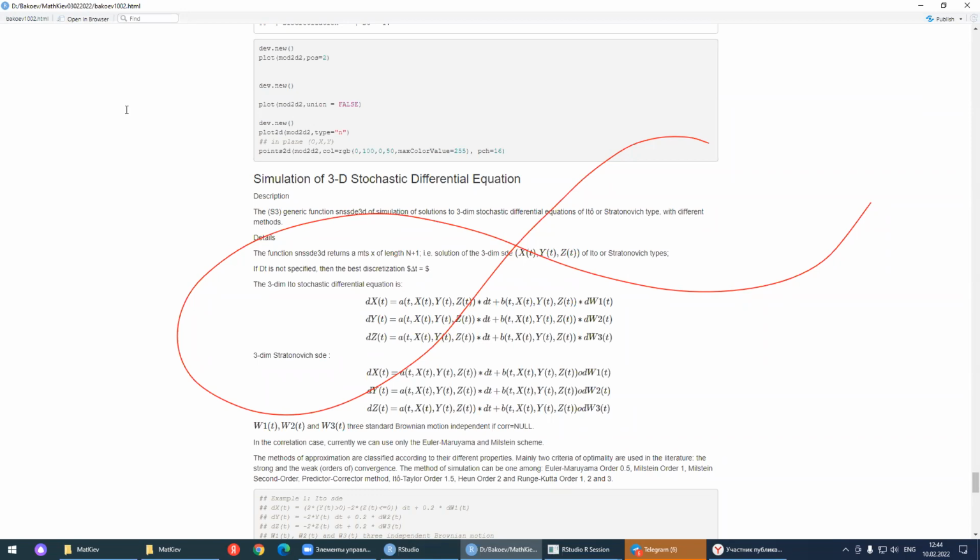It means you only have to put in the right equation, and write the function which will be the estimation of the solution of your problem.